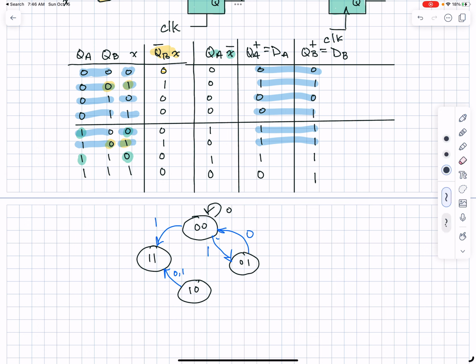When I'm in 1 1 on a 0, I go to 1 1. And finally, when I'm in 1 1 on a 1, I go to 0 1.